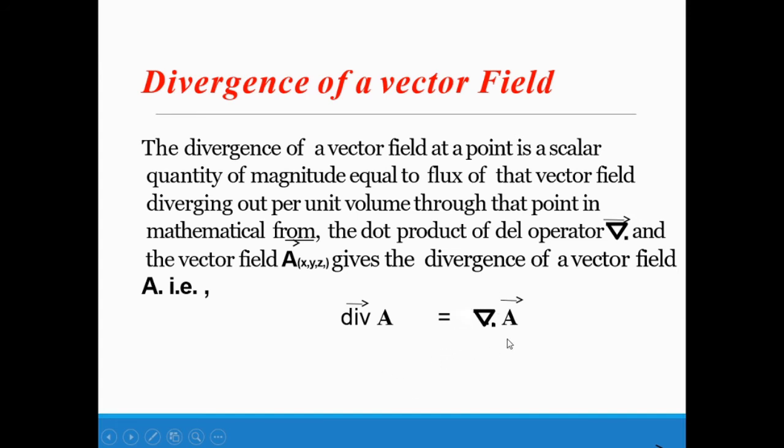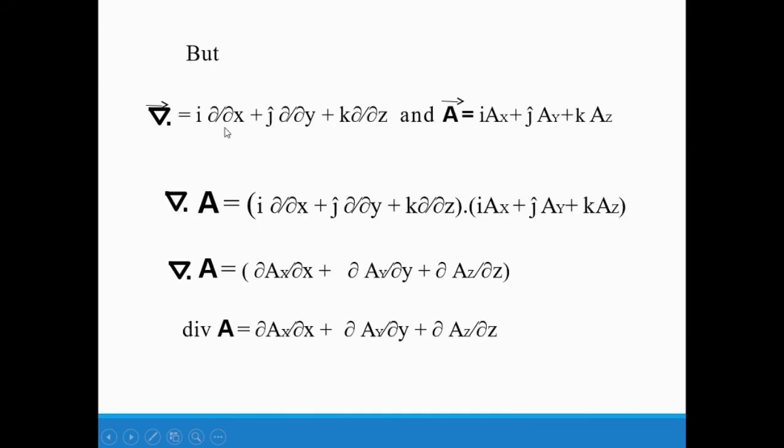So we can also say that the divergence of A, or dot product of del and A, is a scalar. But we know that del is given by i dou by dou x plus j dou by dou y plus k dou by dou z, and A, in terms of all three components, is axi plus ayj plus azk.